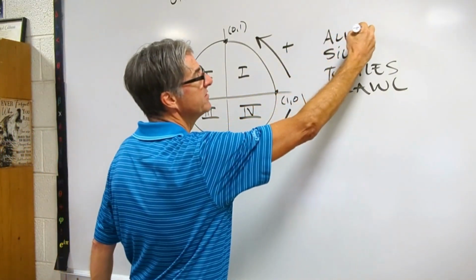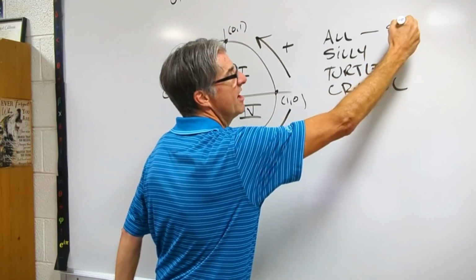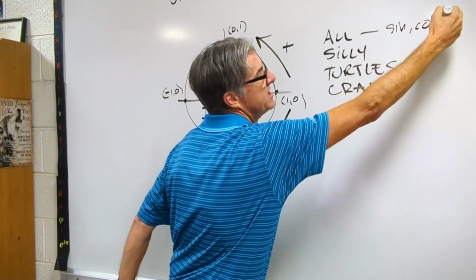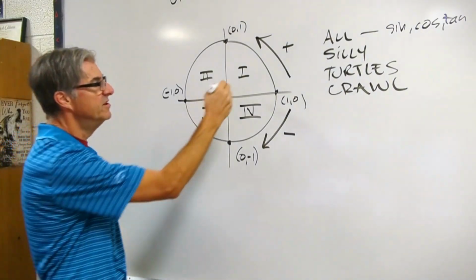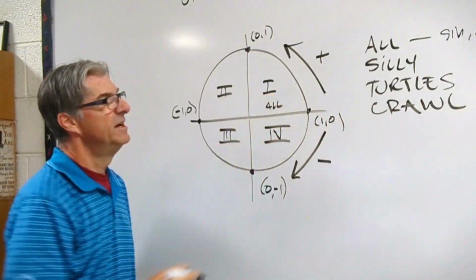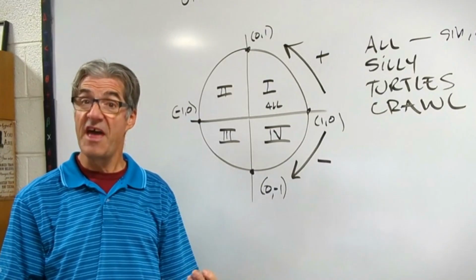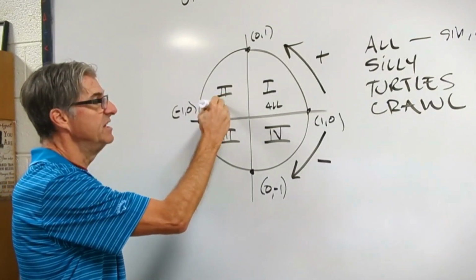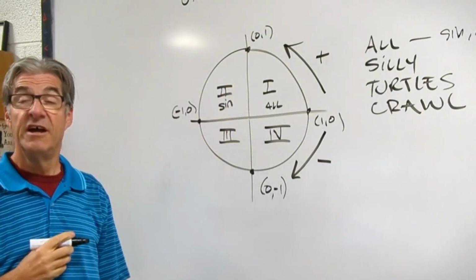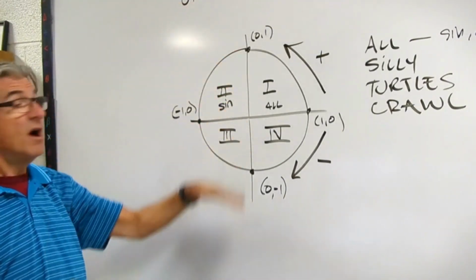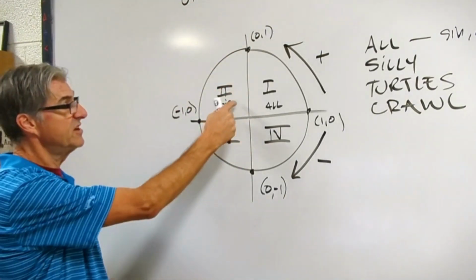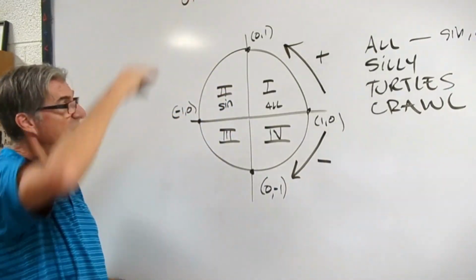All means all 3 things: sine, cosine, and tangent are positive in quadrant 1. So this is the All. Now Silly starts with S, so sine is positive here. That makes sense because sine is the up and down value on the unit circle. So sine is the only thing that's going to be positive there.